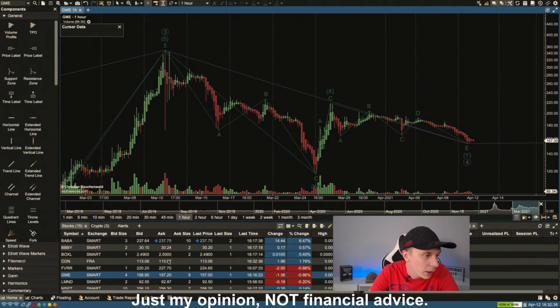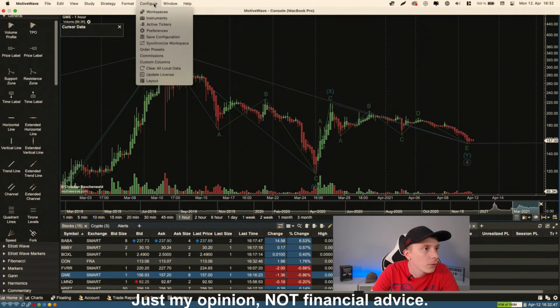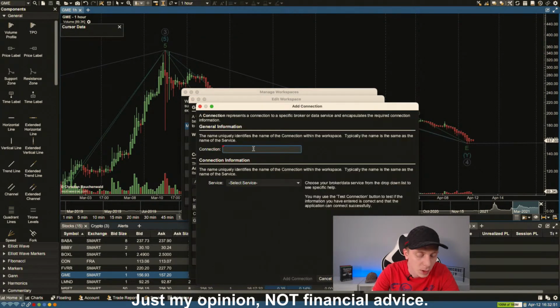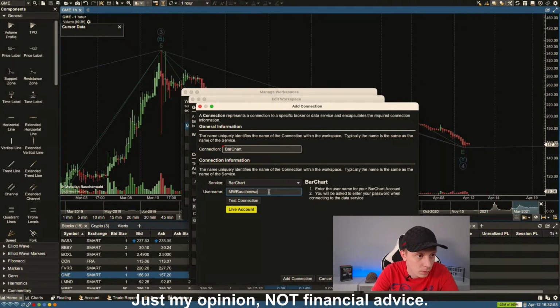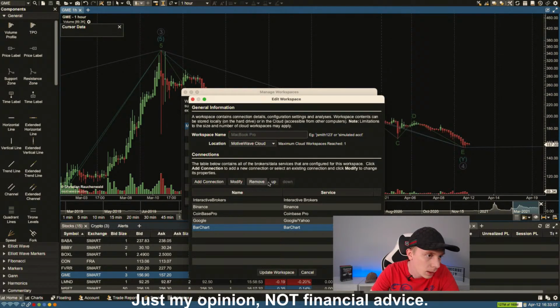Basically we'll have to add a new chart. Okay, so we'll have to configure workspaces, quickly add Barchart directly again, so that we get the data from Barchart. I just need the password, Barchart, there we go. And make that our number one for now.